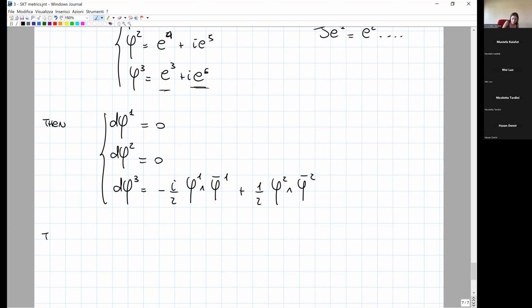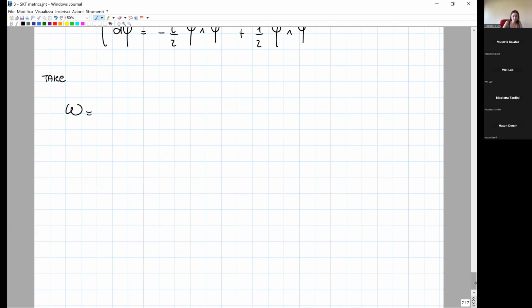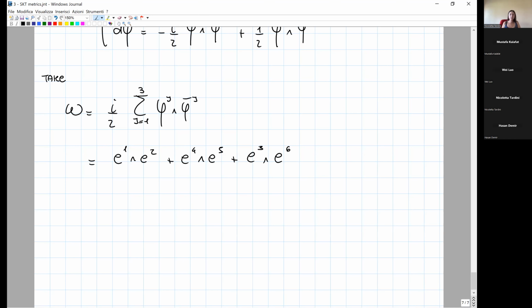And so take as omega the following metric. You can write it both in the complex way or in the real way. In the complex way, I'm taking i over 2, the sum of j from 1 to 3 of phi j wedge phi bar j. Or if you prefer, this is e1 wedge e2 plus e4 wedge e5 plus e3 wedge e6.